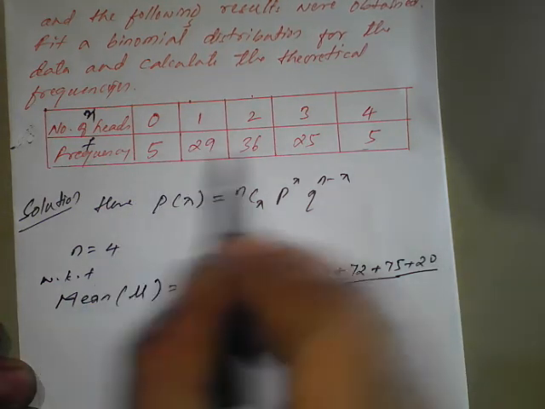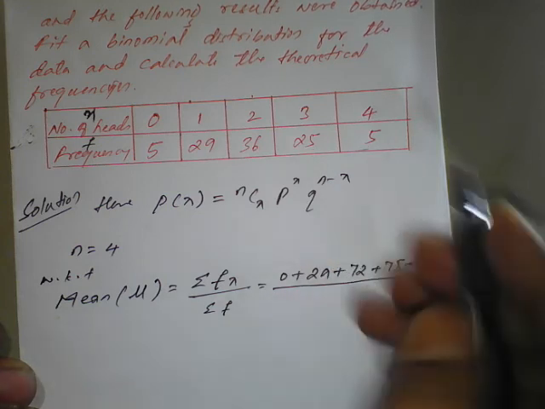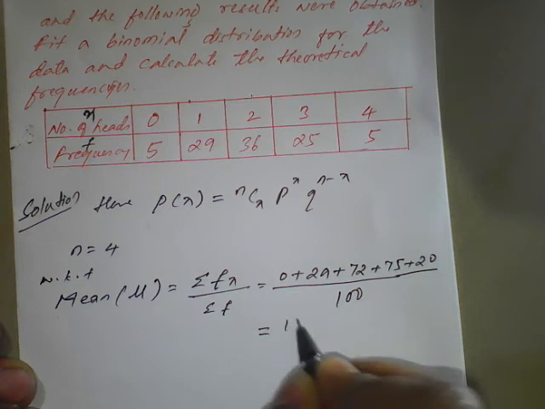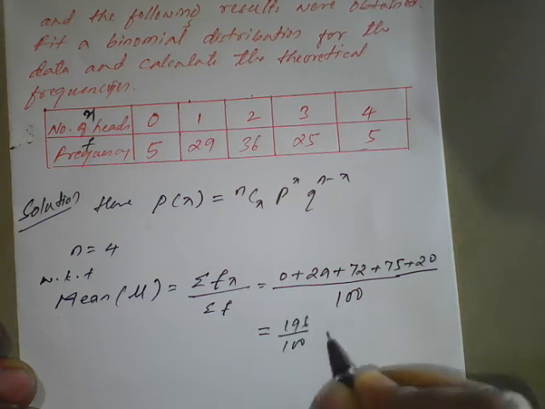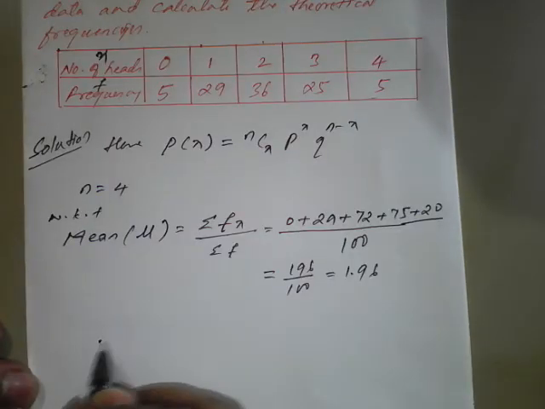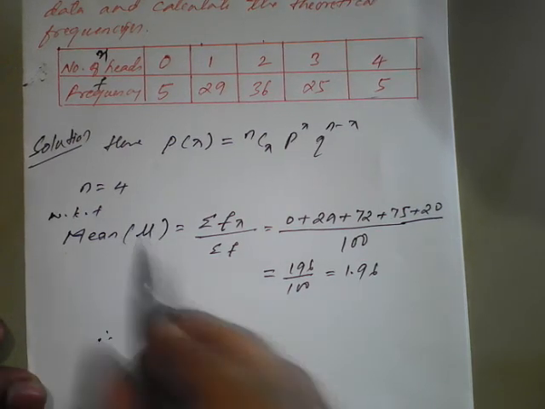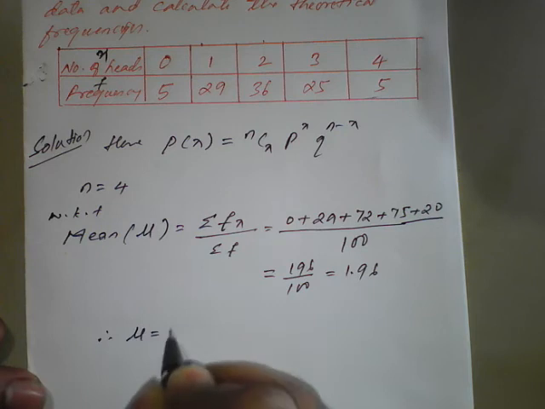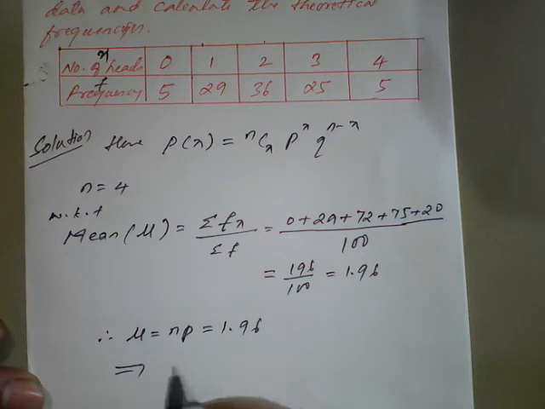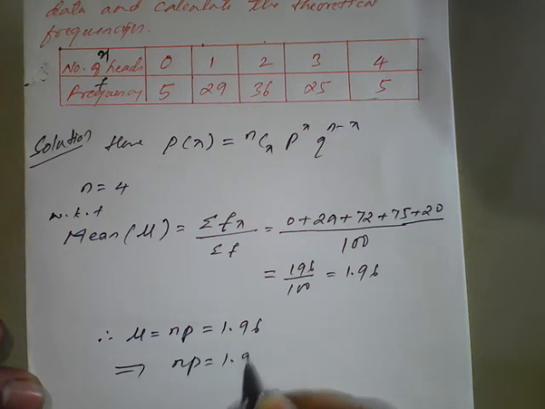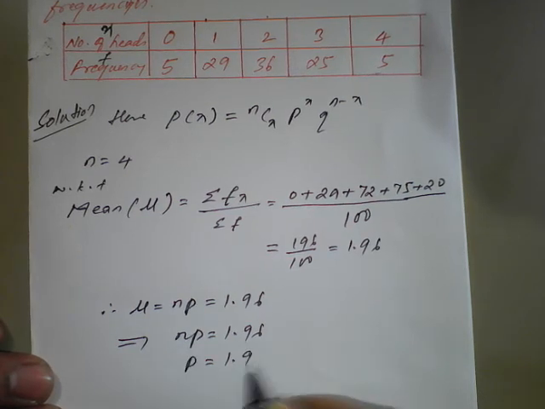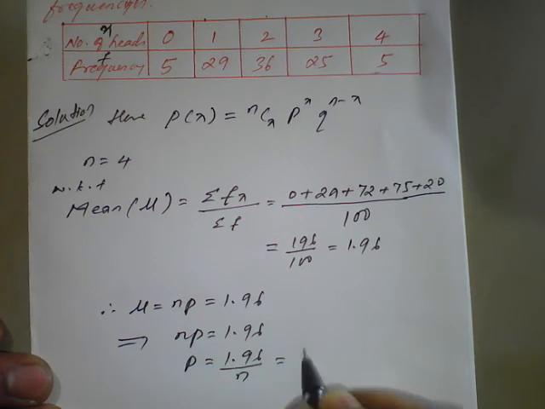If you add 5, 29, 36, 25 and 5, you will get 100. On calculation it becomes 196 divided by 100, which is 1.96. According to binomial distribution, mu is np.